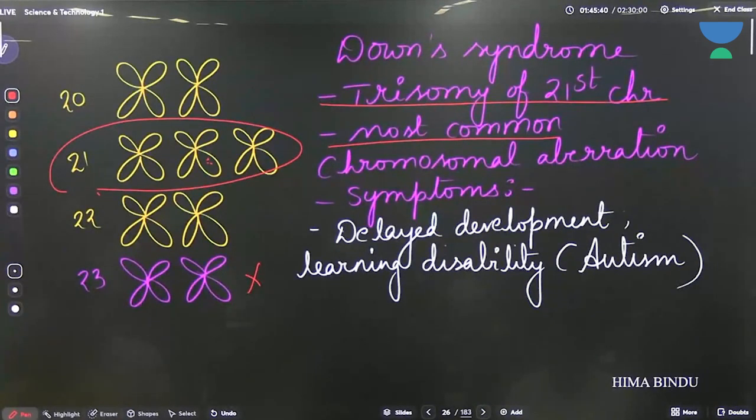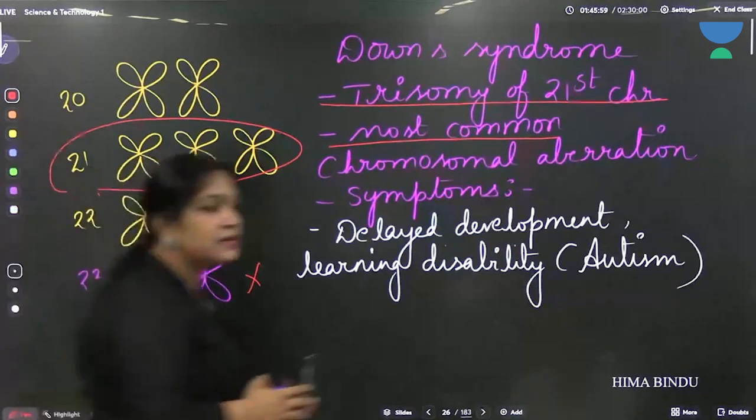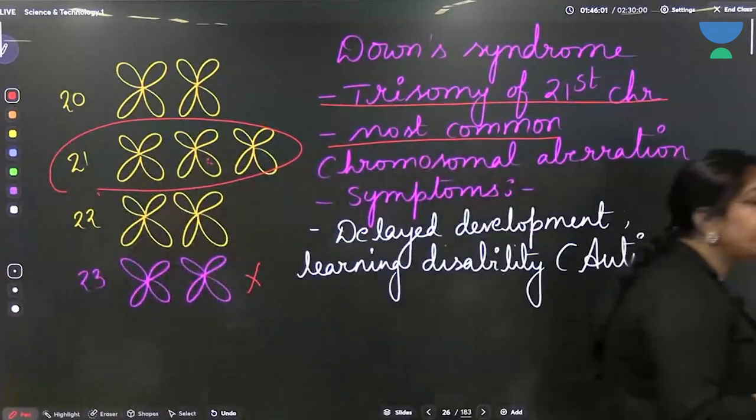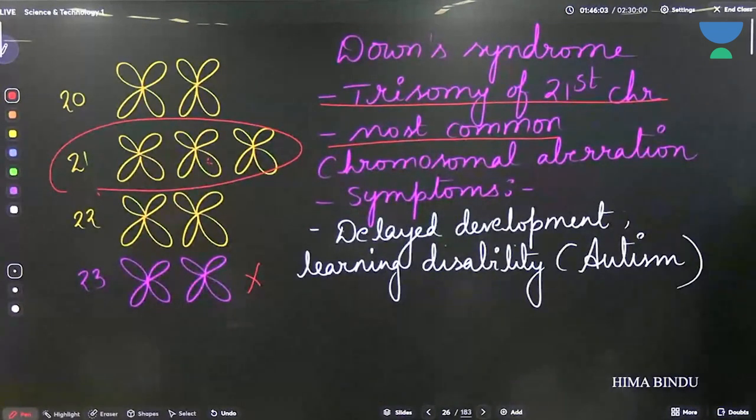Egg cells are produced before birth. It means my egg cells were produced when I was in my mother's womb. Did you understand? A female's egg cells are produced before the female is born. And then they are stored in the ovaries. Note the word: ovaries are the primary reproductive organs of the female reproductive system.